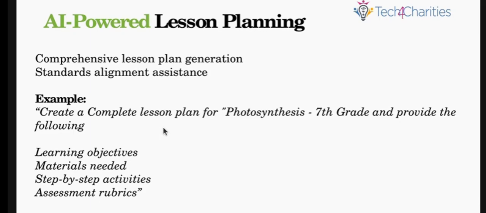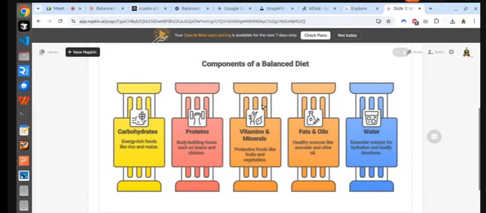You can ask the AI to create a complete lesson plan, or you can ask it to create a lesson plan based on a process or a, sorry, I'm trying to look for it, let me just call it framework. So you can ask it to provide information based on a framework that you're giving it, or a syllabus that you're working with, and then it will generate that for you.